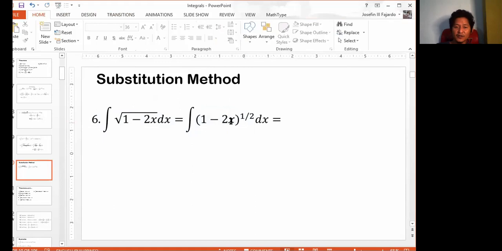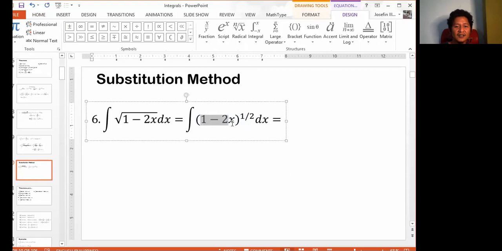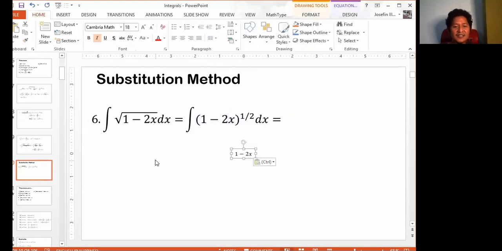So this is some sort of a u to the n, but notice yung ating differential ay hindi u. So gagawin nating magkaparehas yan. So dahil mukha na siyang u to the n, what if palitan natin ito ng u? Okay? Ito, copyhin ko to, and then I will let it as u.